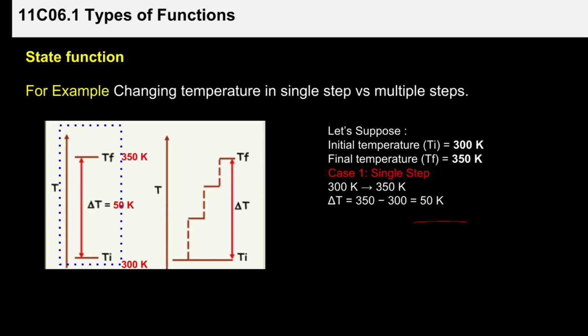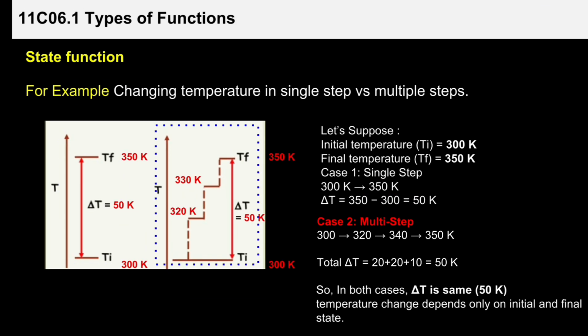In the second case, the temperature changes from 300 Kelvin to 350 Kelvin in multiple steps. In the first step, it changes from 300 to 320 Kelvin, in the second step from 320 to 340 Kelvin, and in the final step from 340 to 350 Kelvin.